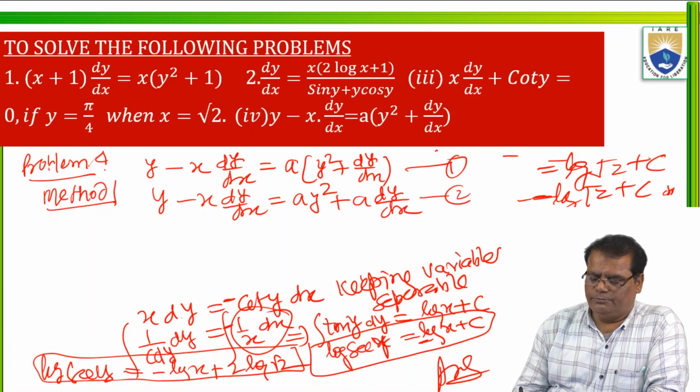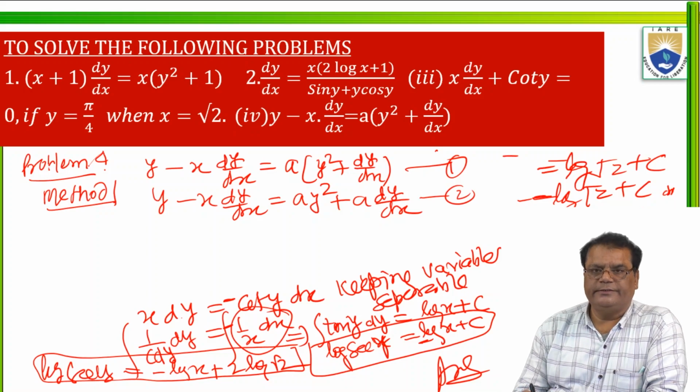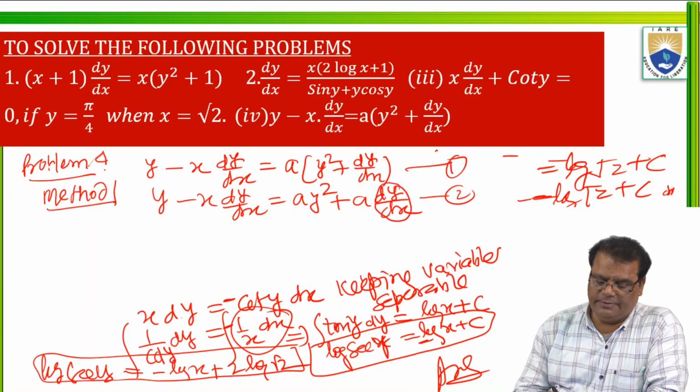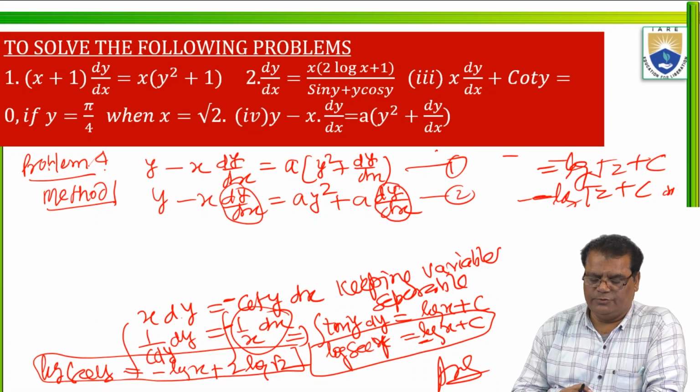This is equation 2. In equation 2 we see dy/dx in this term and dy/dx in this term, so we take dy/dx to one side.